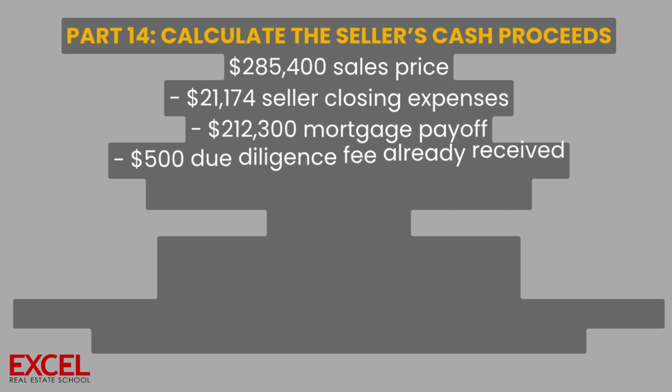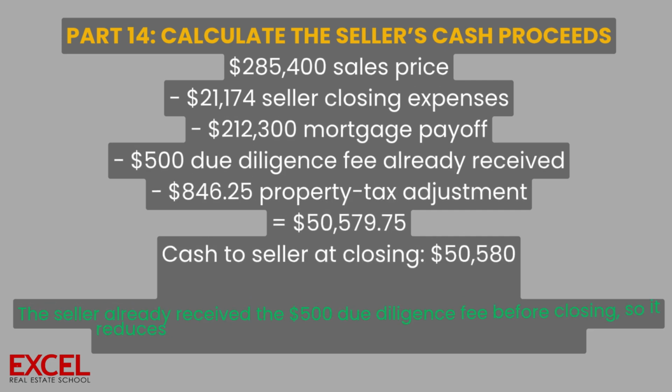So part 14, calculating the seller's cash proceeds. So the $285,400 sales price we're going to minus the seller closing cost expense of $21,174. The mortgage payoff is $212,300. We'll minus that.